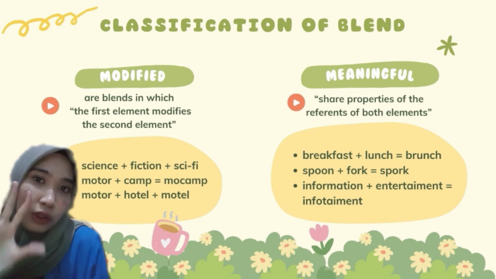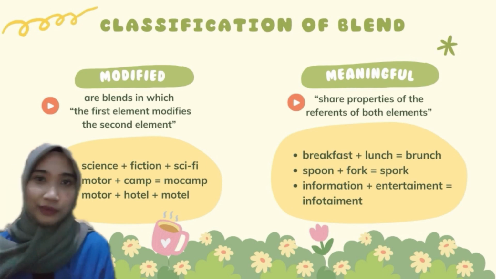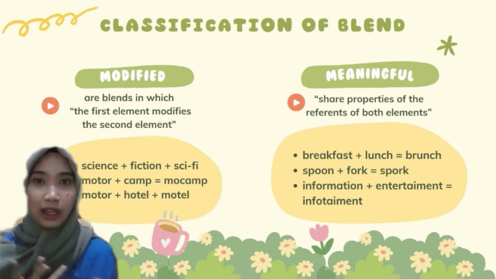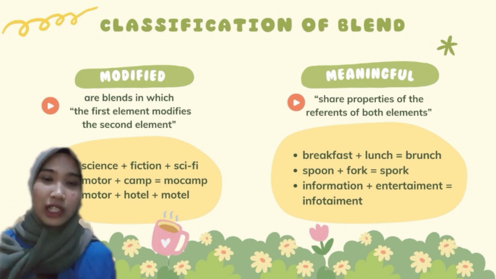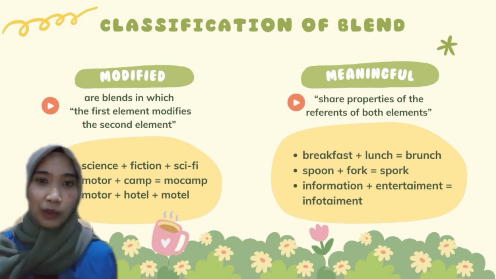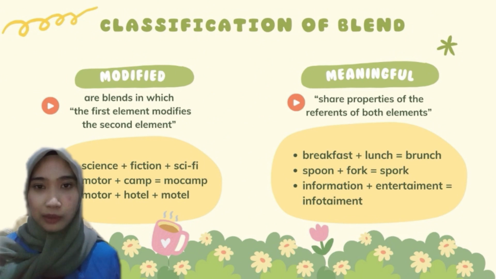The last example of the modified is motor plus hotel, which became motel. We take mo and tel, motel. And then the second classification is meaningful, which shares properties of the reference of both elements.